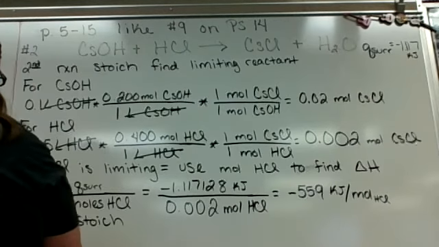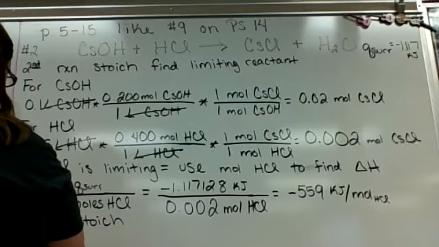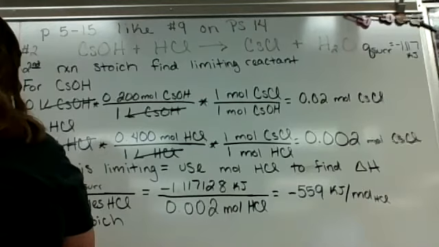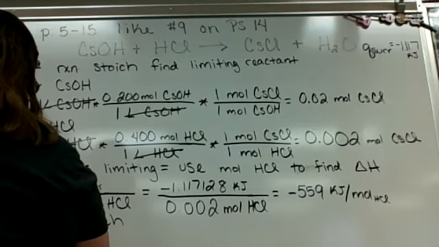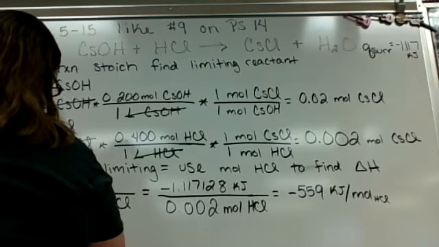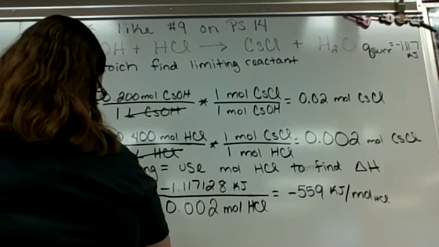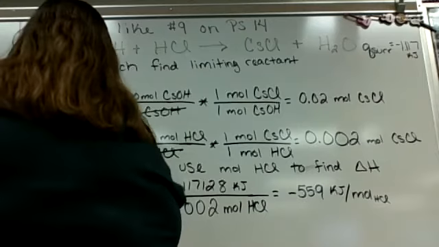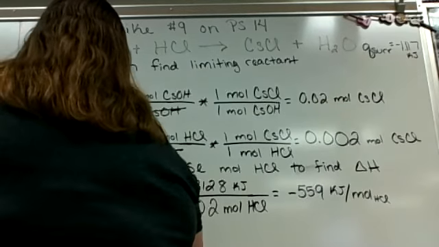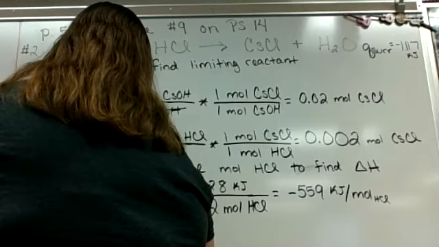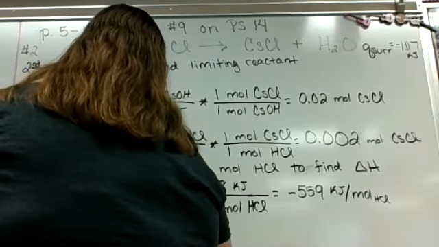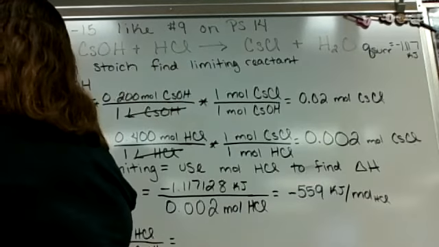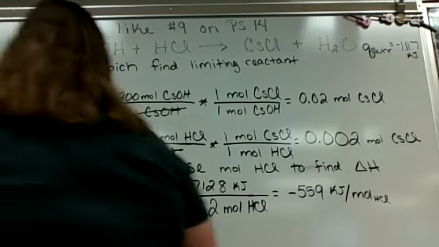And do your negative 559 kilojoules per mole HCl times your 1 mole HCl. This is your mole ratio, and this is over 1 mole of CsOH. And that would cancel out your moles of HCl because one's on the bottom, one's on the top.